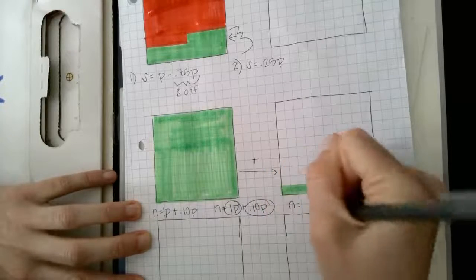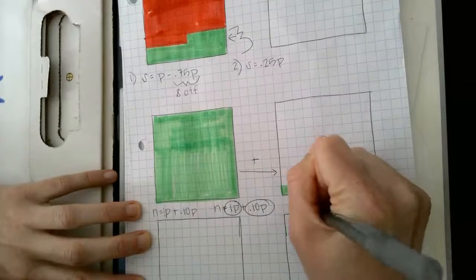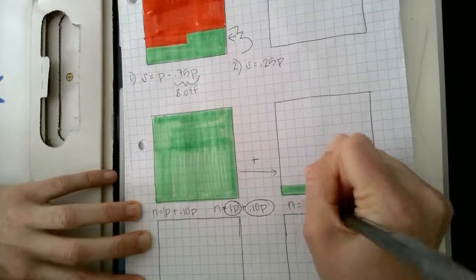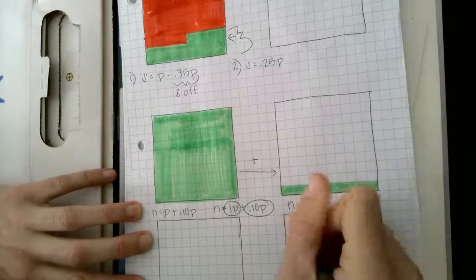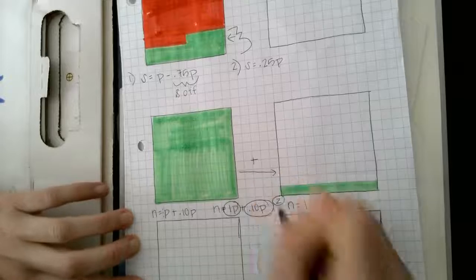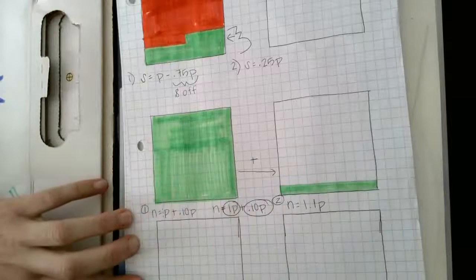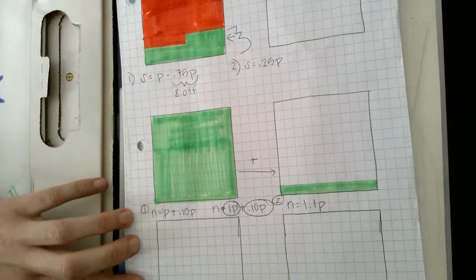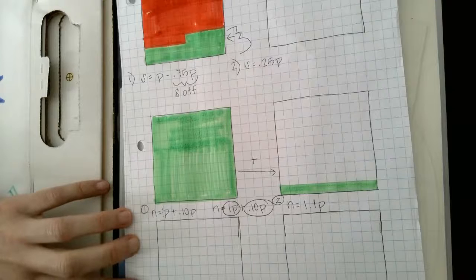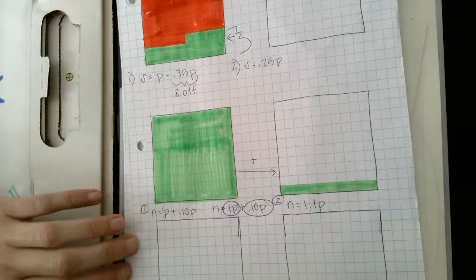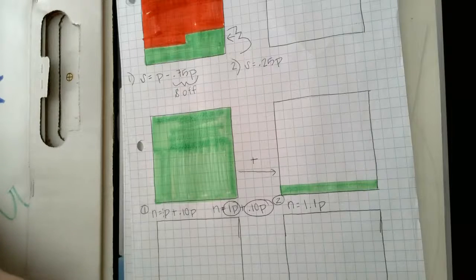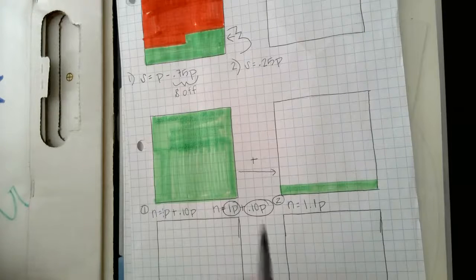Therefore, my new price equals 1.1P. So two different ways that I can write the same equation. I just combined like terms.